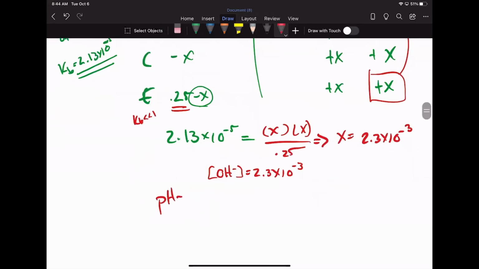So the pH is equal to 14 minus the negative log of 2.3 times 10 to the minus 3. So my pH is equal to 11.36.